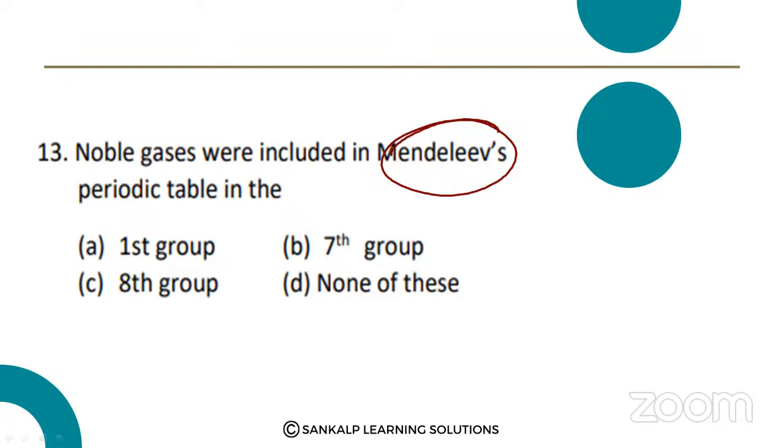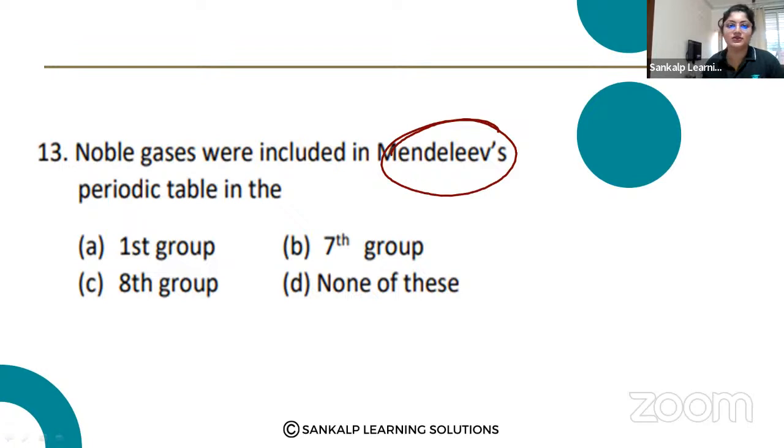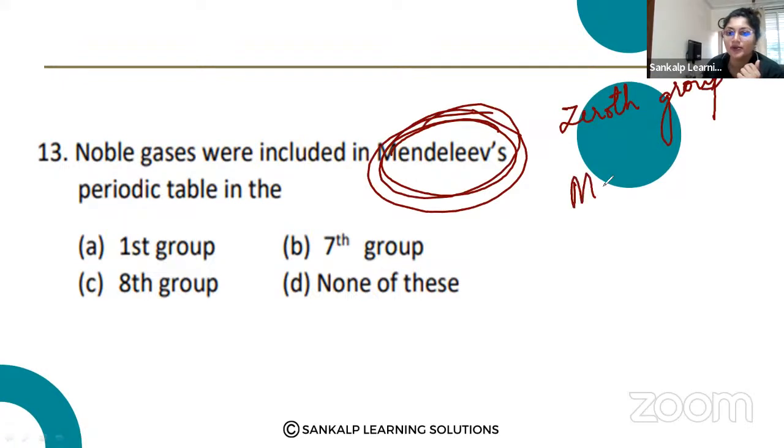Question is wrong, ma'am. See here, in Mendeleev's periodic table, the noble gases were included in 0th group. They are talking about Mendeleev's periodic table, not about modern periodic table. In modern periodic table, it is placed in 18th group.